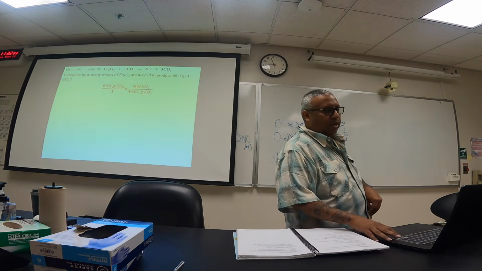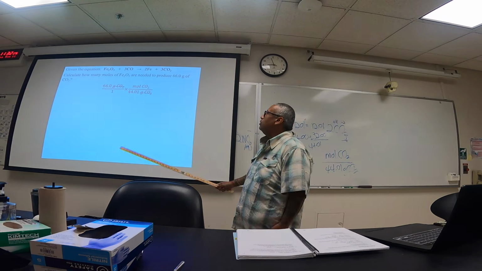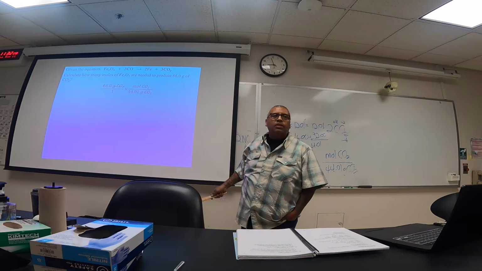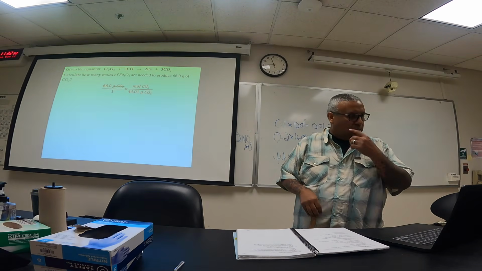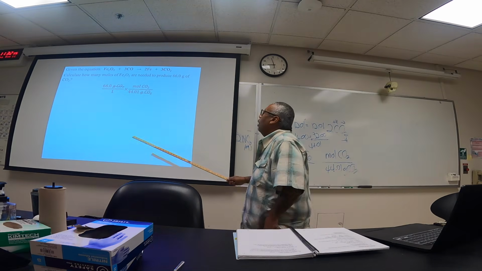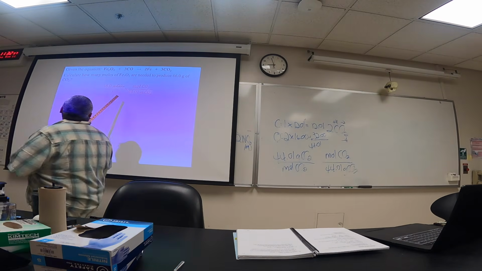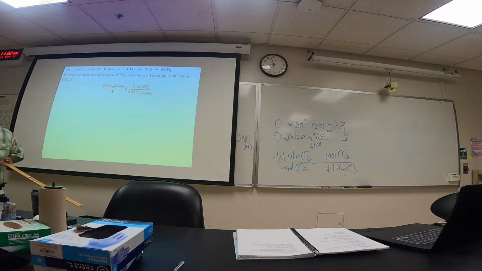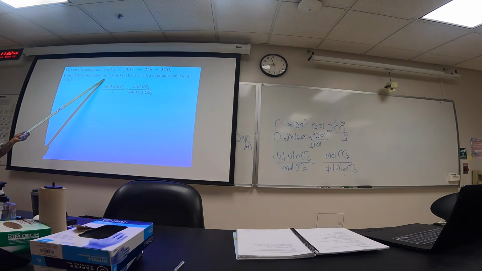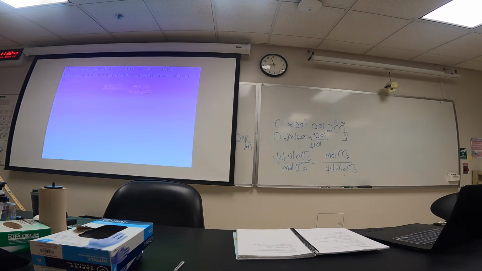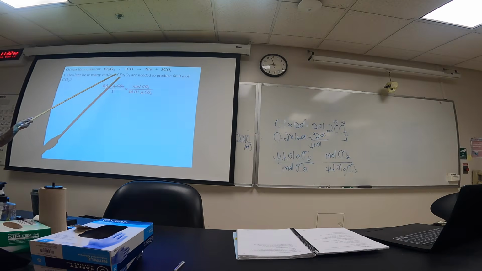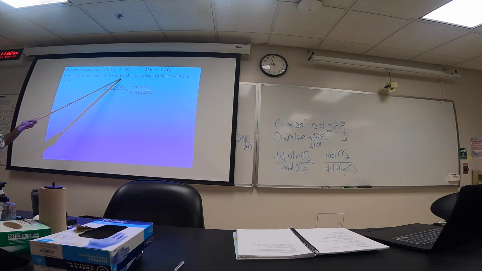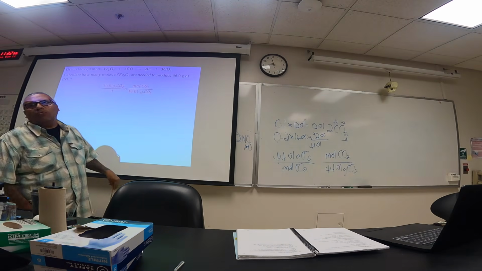So if we use that one over there, we can see that those units are going to cancel out. Grams of CO2 cancels out grams of CO2. And whatever our answer is would be in moles of CO2. But it's not asking us for moles of CO2. It's asking us for moles of iron trioxide. In order to convert this substance into information of another substance, we need our mole ratio.